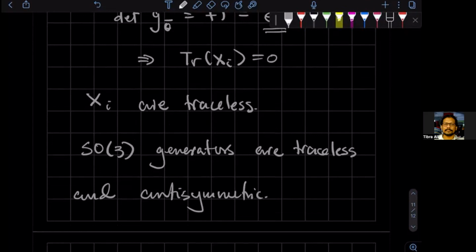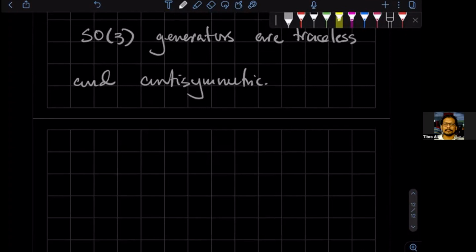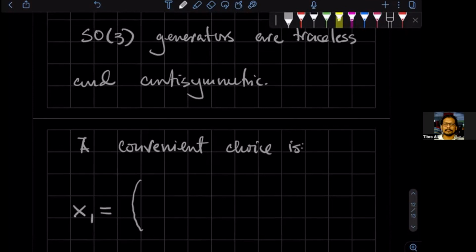Okay. So let's look at a convenient choice. So let's call this X1. We'll come to their geometric interpretation in a moment.